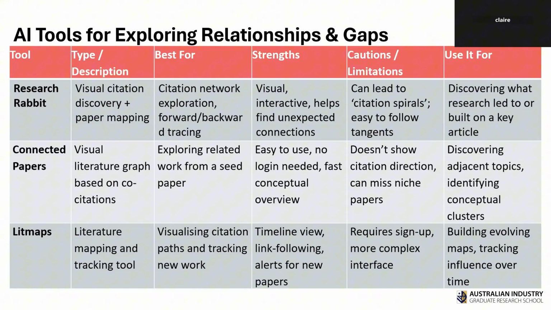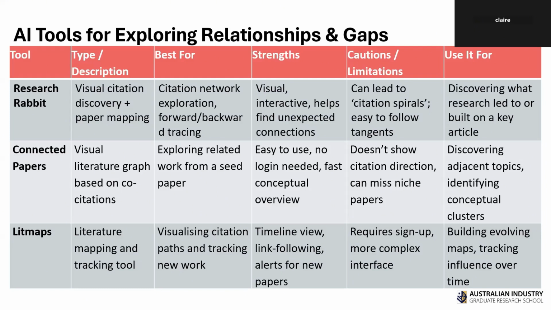Haha, pardon the pun. Another one that's really useful is Connected Papers. This is really user-friendly and very easy to use. Great for discovering related work through co-citation mapping. It's fast, intuitive, and if we put in a seed paper, it will give us those neighboring papers.